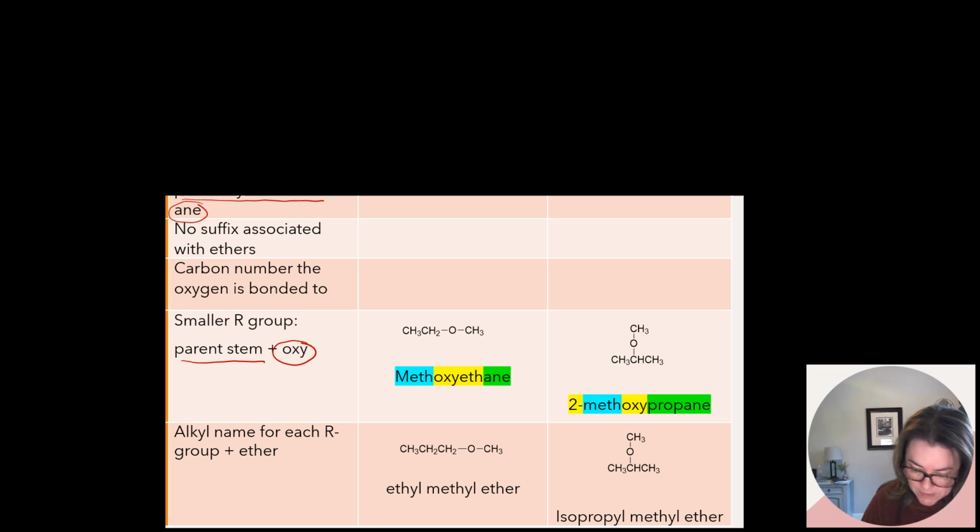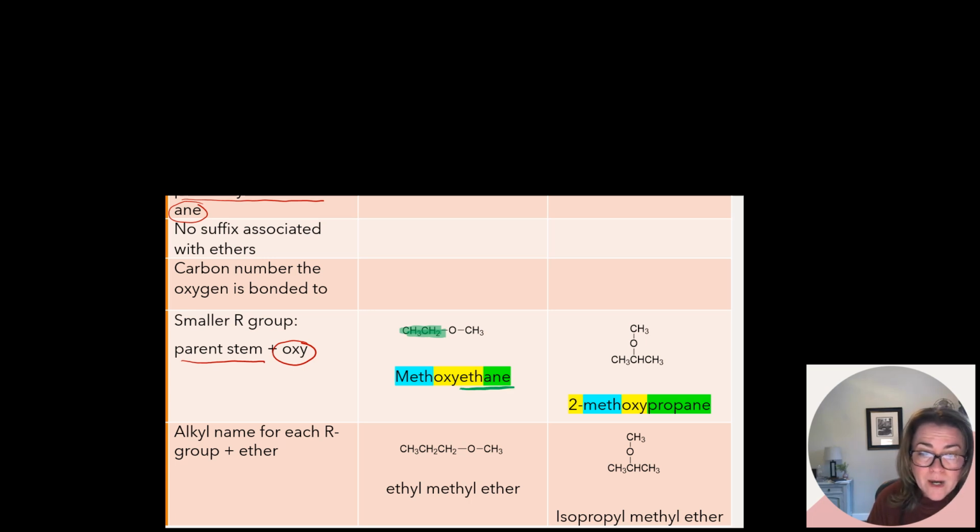In our first example, we find our longest chain, and it is a 2-carbon chain. And so this is where we get our ethane.